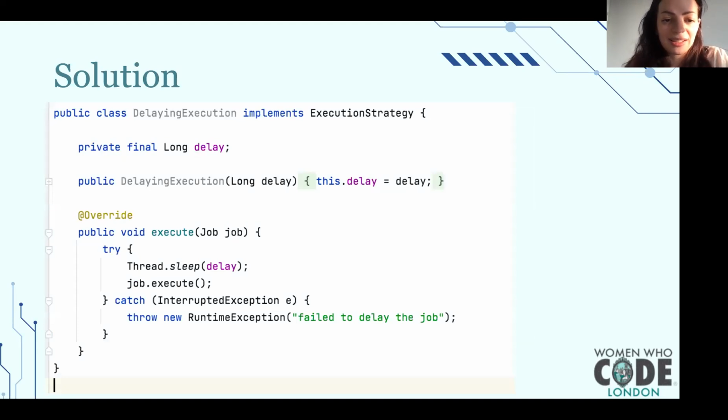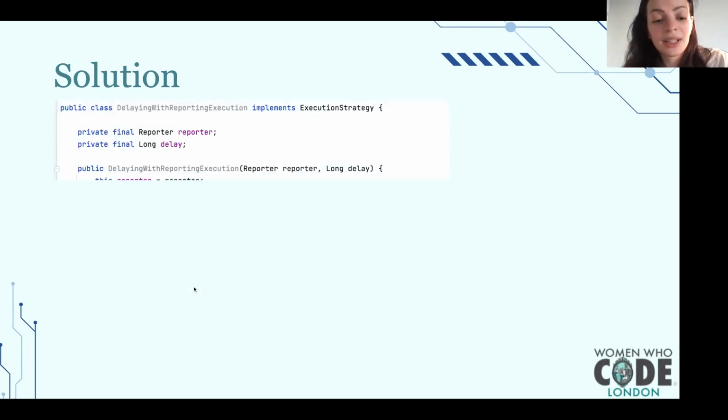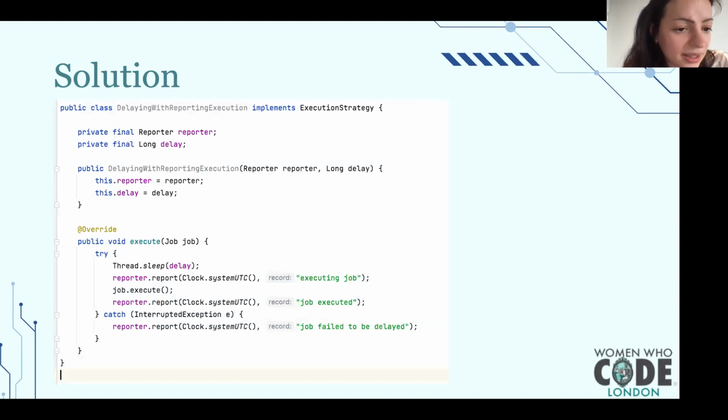Let's look at a delaying strategy, delaying execution. Now we want to delay our execution, so we put in a parameter, long delay, and we say that we will sleep before execute. We can even combine these strategies.